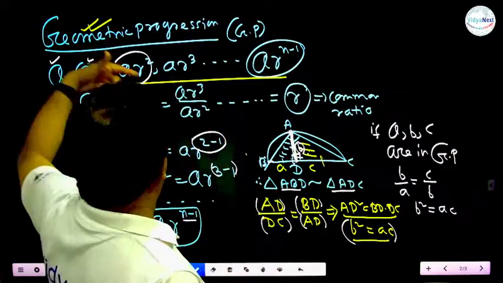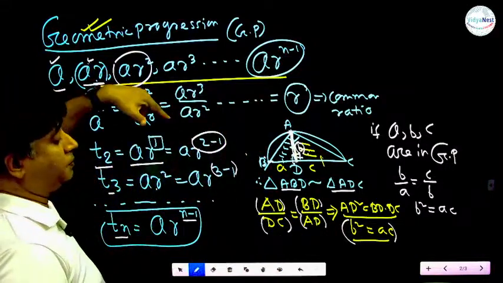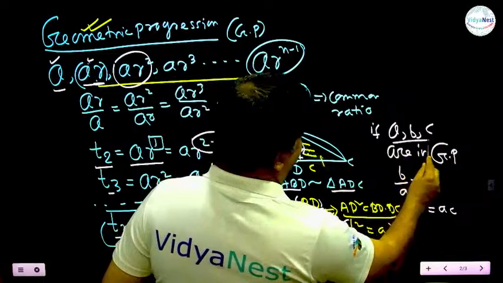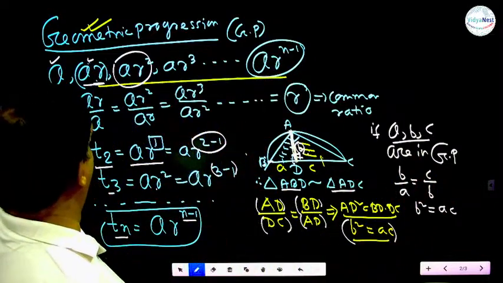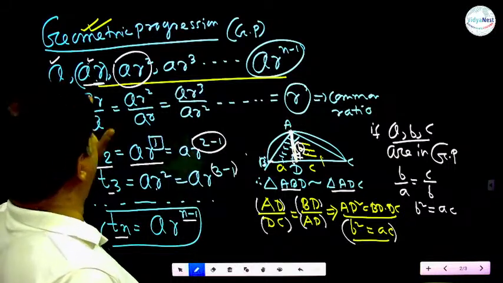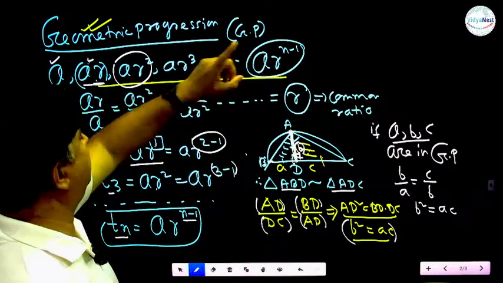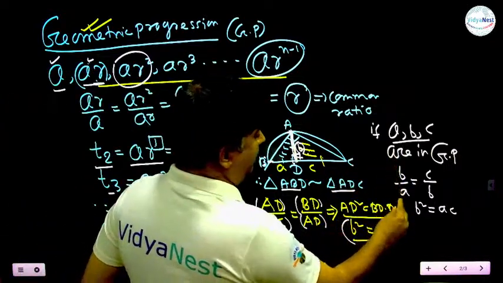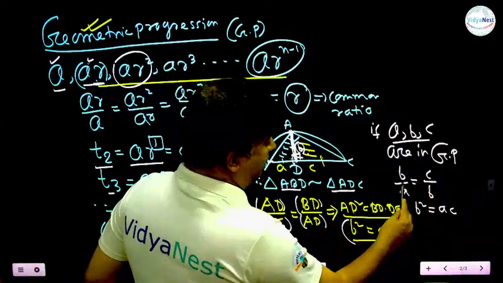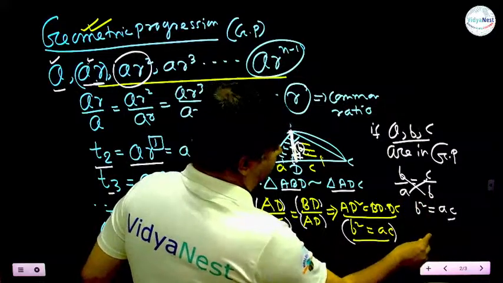Now, according to the concept of geometric progression, if a, b, c are in GP, I can write, taking reference from this series, second by first, b by a is equal to c by b. b square is equal to ac.